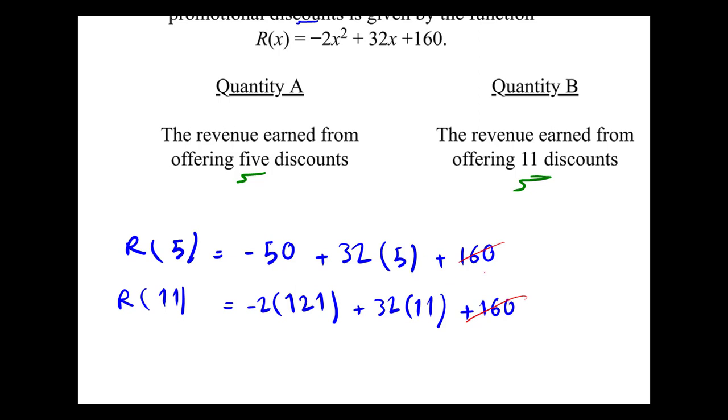So we don't need to add these two numbers. Another simplification: this is 5 times 32 and this is 11 times 32. So we can delete this and make this one 6 times 32. For example, you have 5 apples, I have 11 apples. How many more apples I have than you is 6 apples.